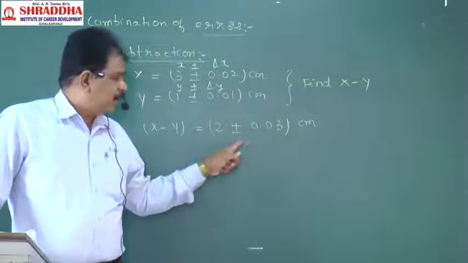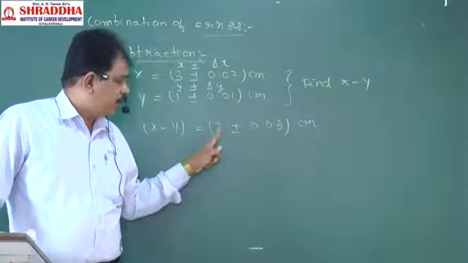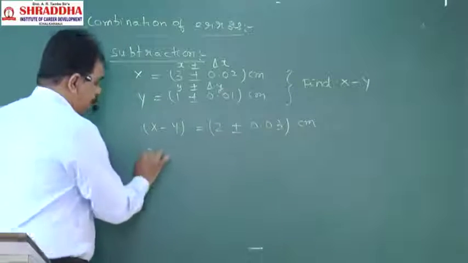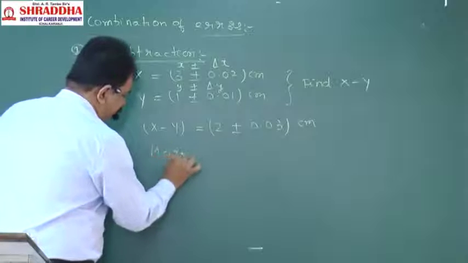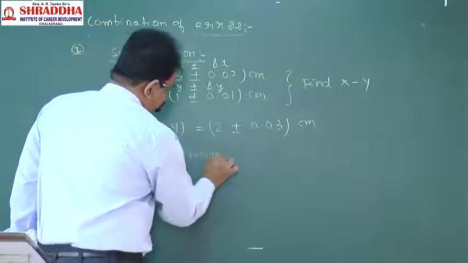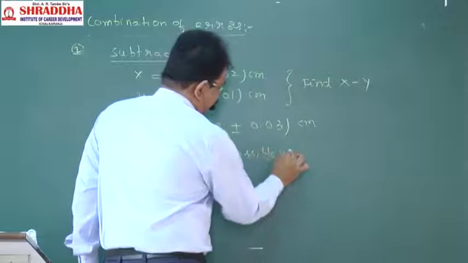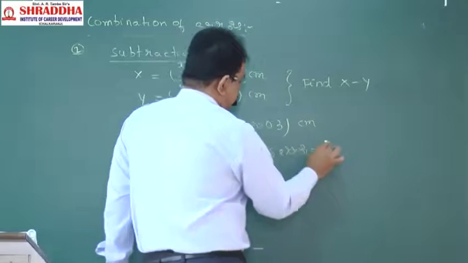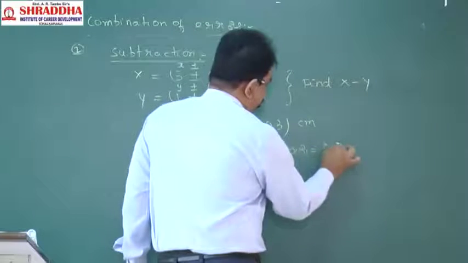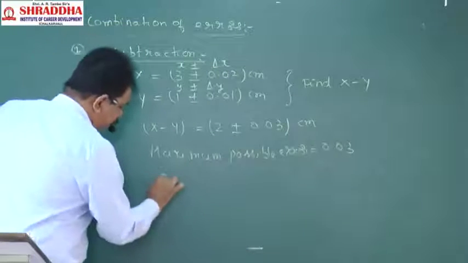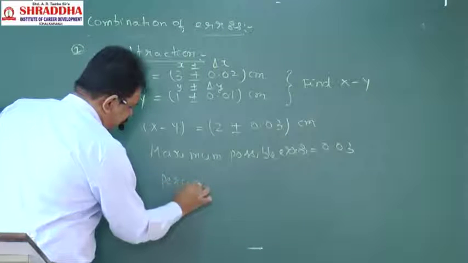What is the percentage error? 0.03 by 2 into 100. Maximum possible error is equal to 0.03. That's it. Calculate percentage error.